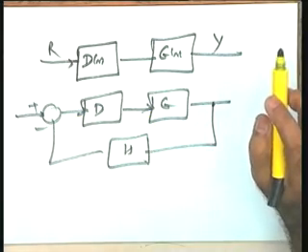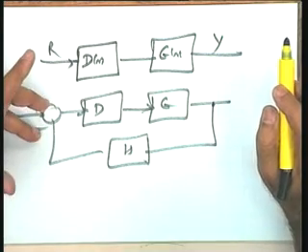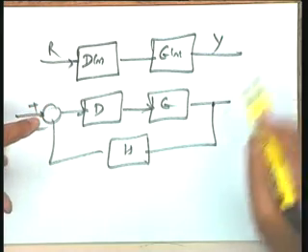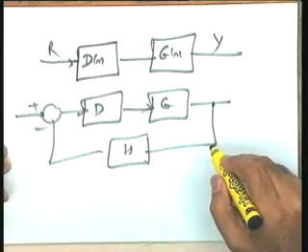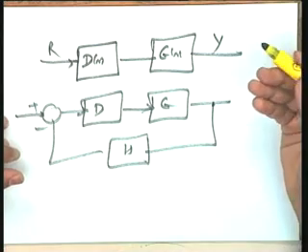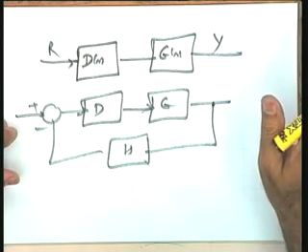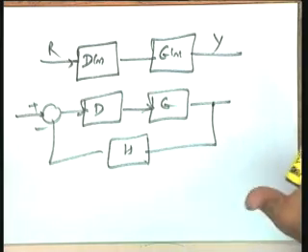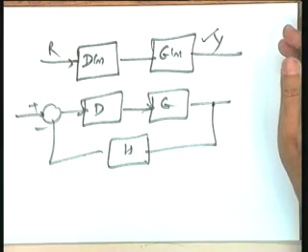I think I have made a statement here: robustness or sensitivity reduction is the primary goal of feedback action. Otherwise, all those other requirements, let us say steady state accuracy or shaping the dynamic response or other requirements on the control system, can suitably be met with open loop control as well.